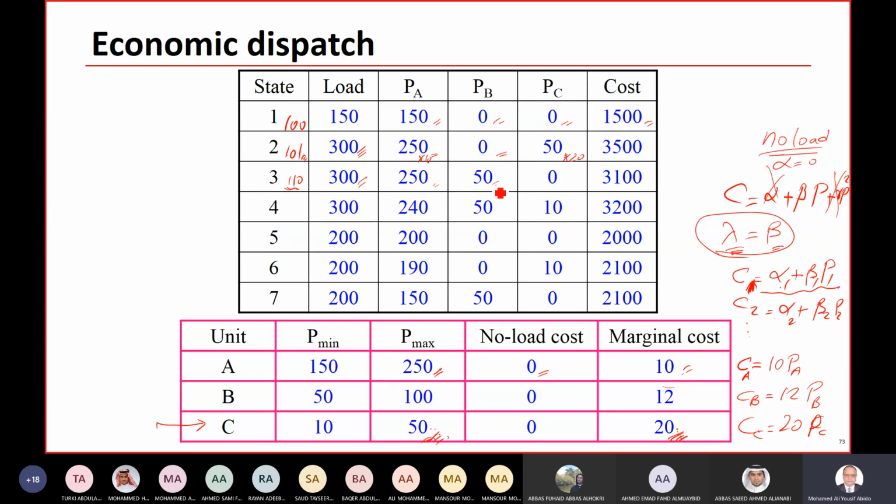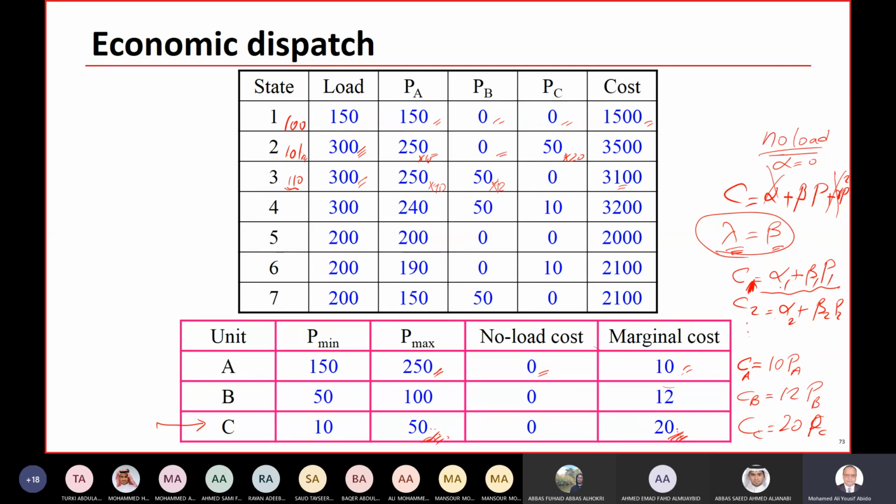So the cost here, you multiply this by 10 lambda, so 2,500, and you multiply this by 12, so it is 600. 12, 2,500. So the operating cost is $3,100.